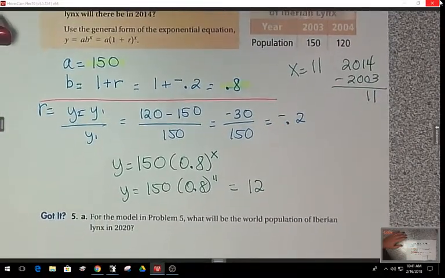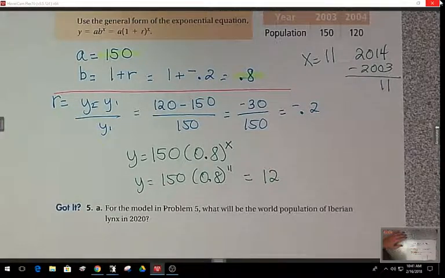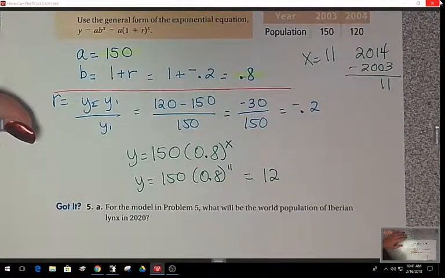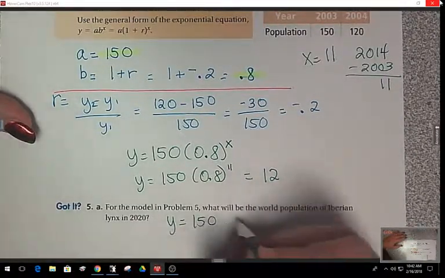So now, the guided question at the bottom says, if we use that exact same information for the model in problem 5, what will the world population of Iberian lynx be in 2020? So I'm going to use the exact same formula here.